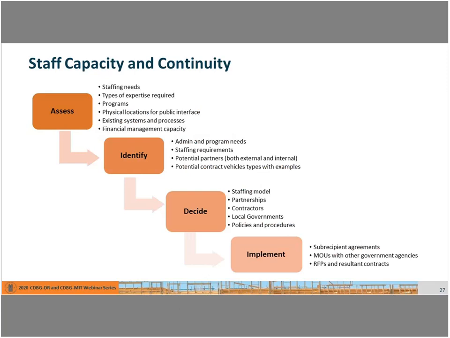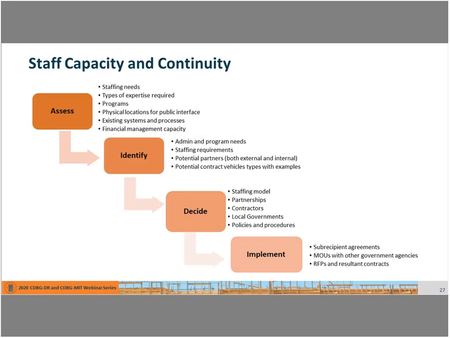One of the most frequent problems we see is that state agencies try to manage these programs with existing staff. It just cannot be done. You need to assess realistically your own capacity to make decisions about how best to build a team that has the skills and resources necessary to implement the operational functions that you're going to need.